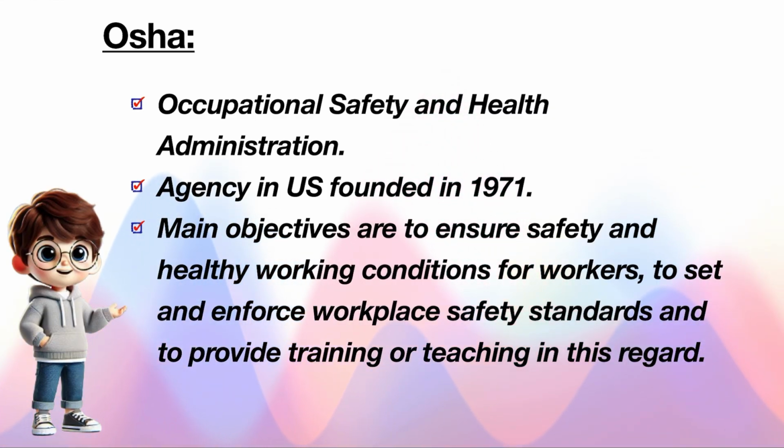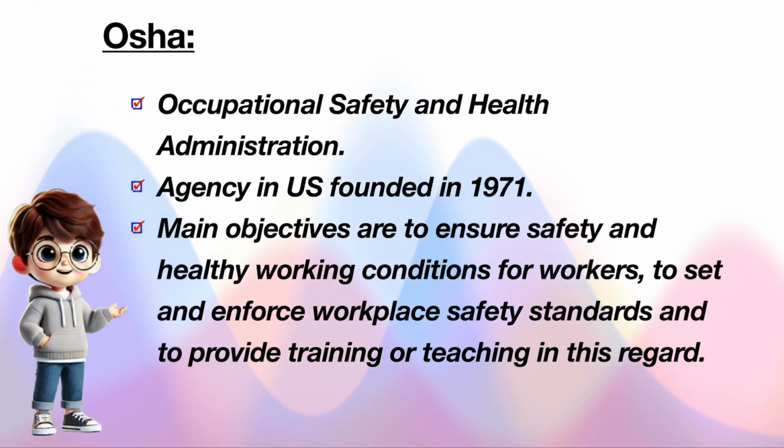The main objective of OSHA is to ensure safety and healthy working conditions for all the working personnel, and to set and enforce that the workplace follows particular standards for the safety of workers. If required they will provide training also, and they will do inspections. If any organization is not following the OSHA norms, they will take action as well. So that is how OSHA works.